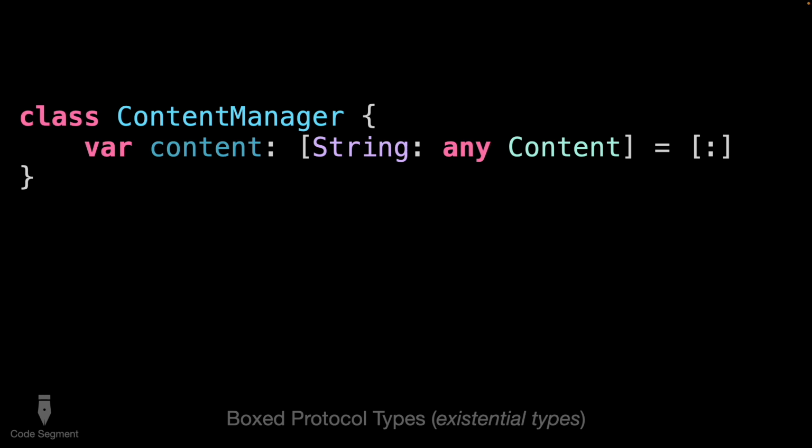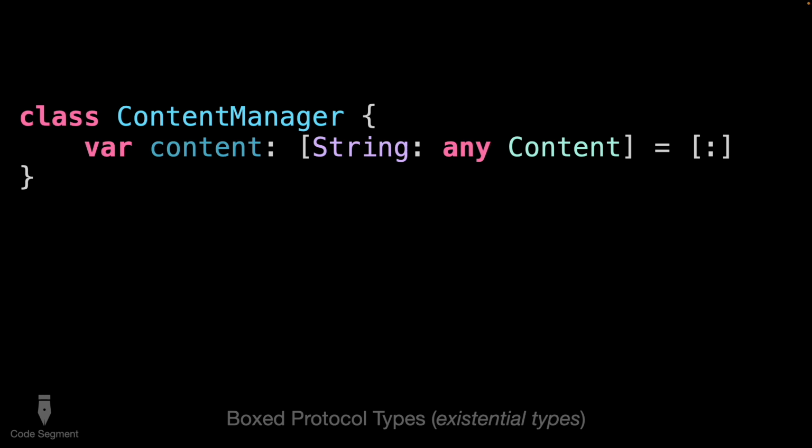You are creating a boxed protocol type, which is also called existential types by some people who like to be fancy. I think boxed is a funner way of saying it, so I say boxed. But yeah, this is something to keep note of. Any makes it very clear that the things that are allowed within here are anything that implements Content.